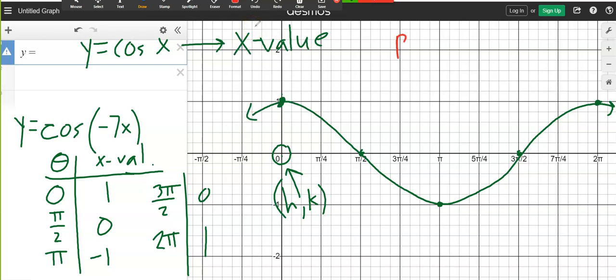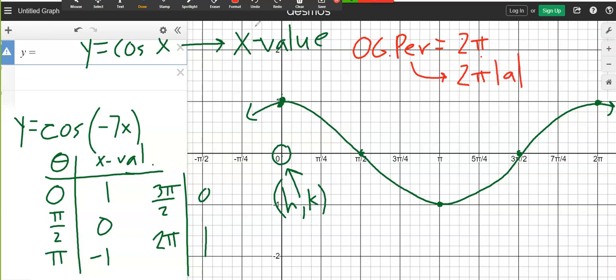What do you think the OG period is? 2 pi. So a modification of that would be 2 pi times the absolute value of A. That sounds pretty familiar, doesn't it?